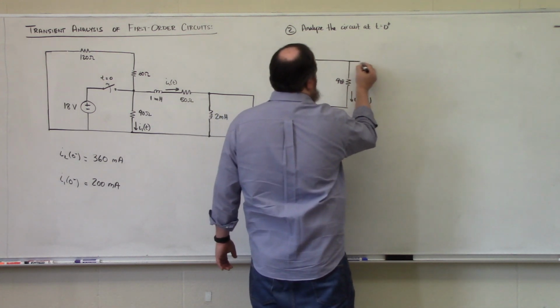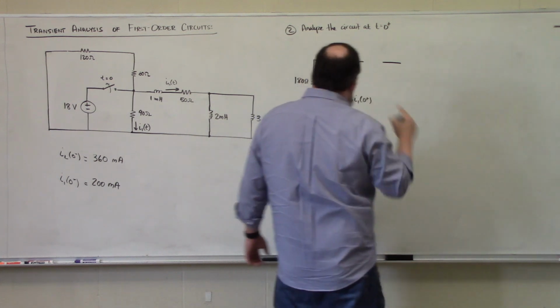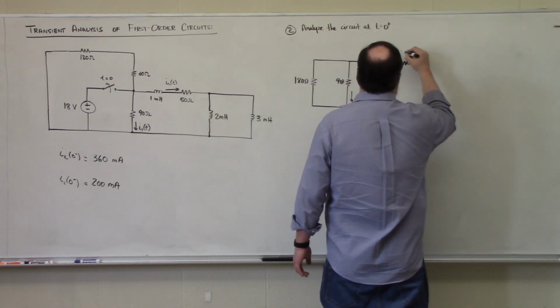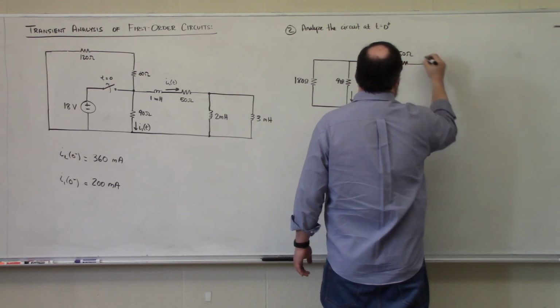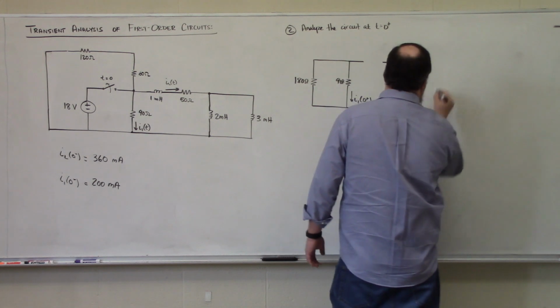Then I have my inductor, and we'll talk about what I'm going to do for that. And then I have a 50 ohm resistor, and then I have two more inductors.